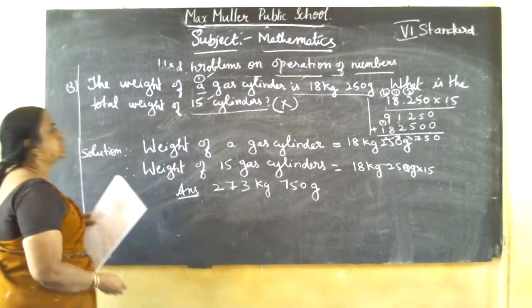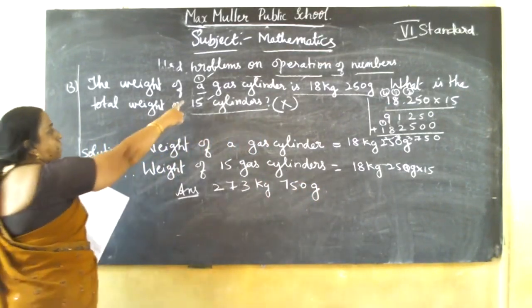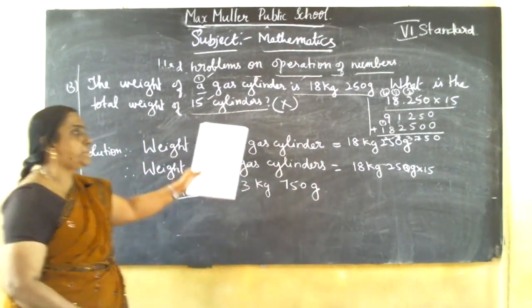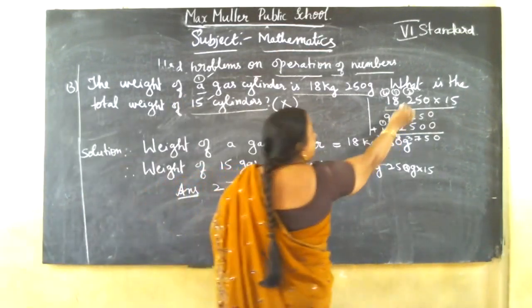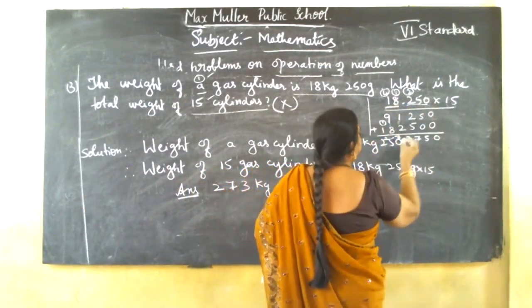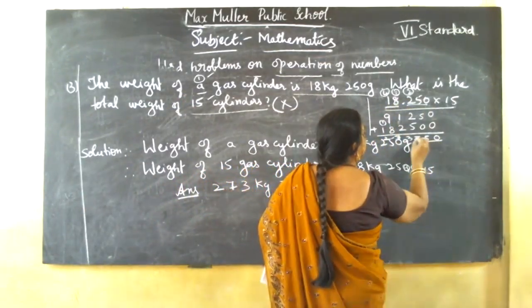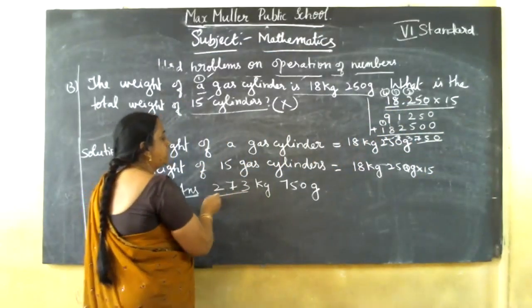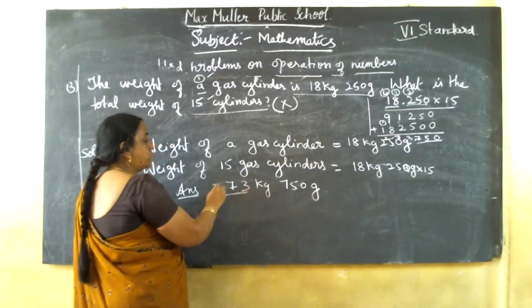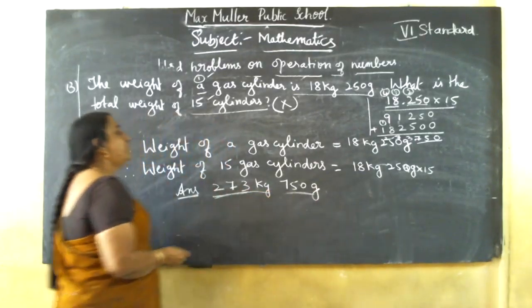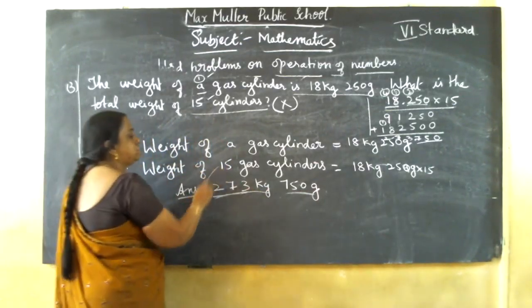In this question they gave one and we found many, so which operation did we do? Multiplication. Why did I place a comma here? This is kg and this is gram, so after multiplying, after 3 digits I placed a comma. The weight of 15 gas cylinders is 273 kg and 750 grams.